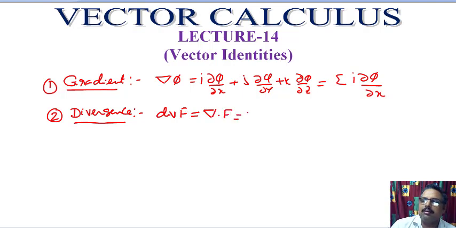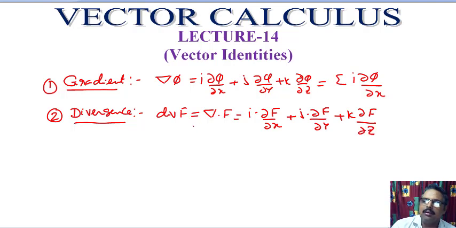What is del dot f? i dot dou f by dou x plus j dot dou f by dou y plus k dot dou f by dou z. Simply this can be written as sigma i dot dou f by dou x.